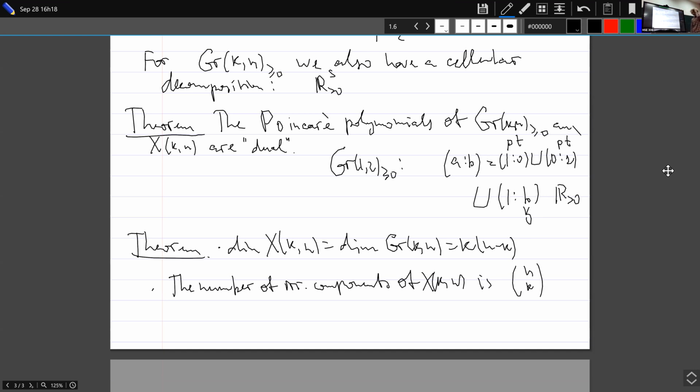So you see this is somehow very funny: the dimensions are the same, and this number is exactly the number of T-fixed points in the Grassmannian. So it means that you have a variety which has the same dimension as the Grassmannian, but it's much more complicated, meaning that it has many irreducible components, and actually each component is top dimensional.